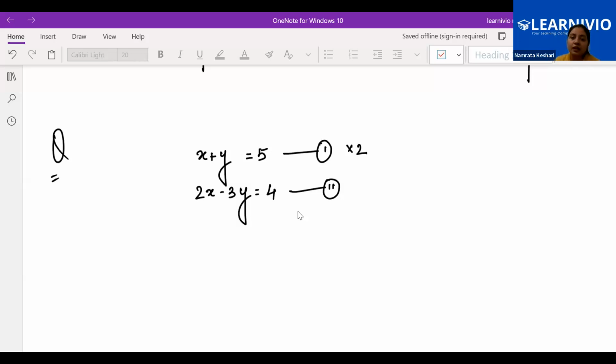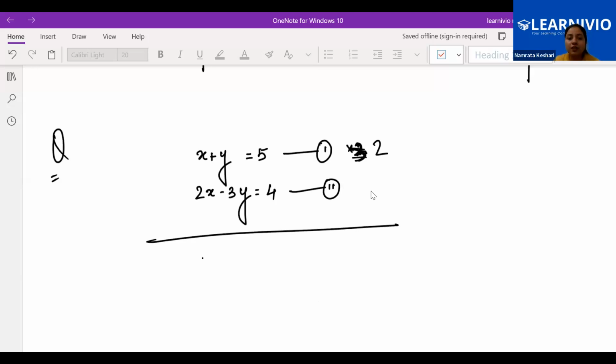And if I am saying that I want to multiply equation 1 by 3, will it give us the solution instead of 2? Yes, ma'am. Exactly. Because either we will make the coefficient of x same or we will make the coefficient of y same. Okay, so yeah, we can multiply with 2. Let's take 2 only.